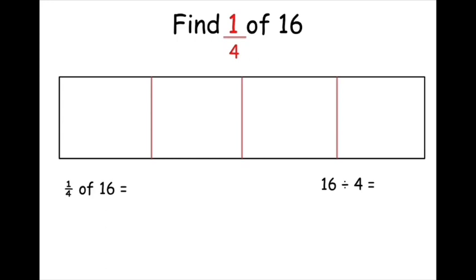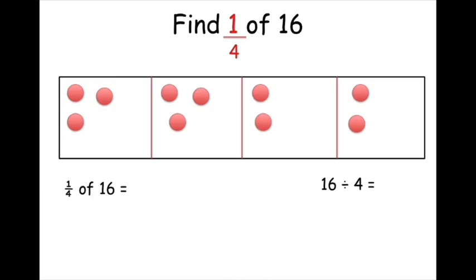I'm going to do it with the dots. 1, 2, 3, 4, 5, 6, 7, 8, 9, 10, 11, 12, 13, 14, 15, 16. And then I can count to see how many dots I have in each part.